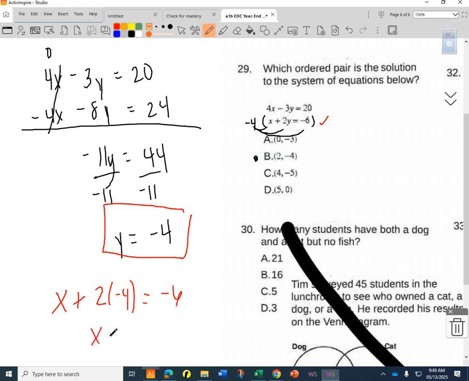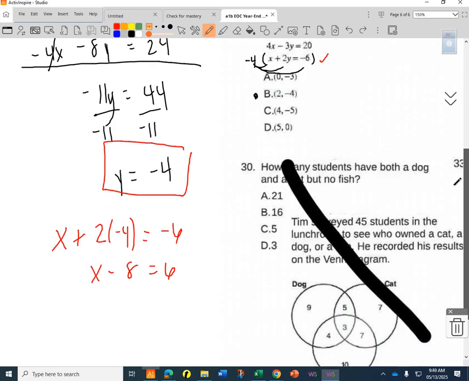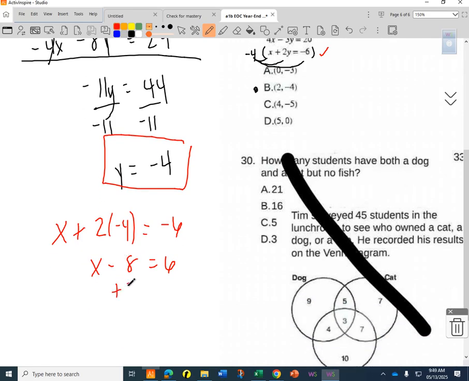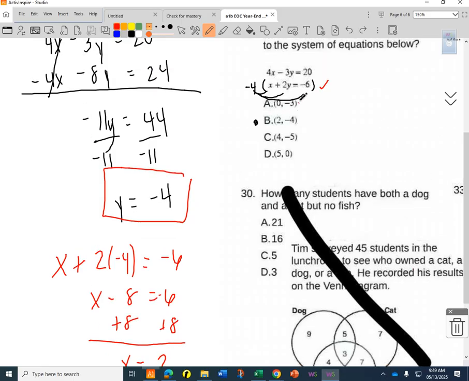So this would be x minus 8 equals negative 6. And to undo subtracting 8, we add 8. And so now we know that the x coordinate value is 2, and that is what we thought, right? So 2, negative 4 rather. Any questions on that system of equations?